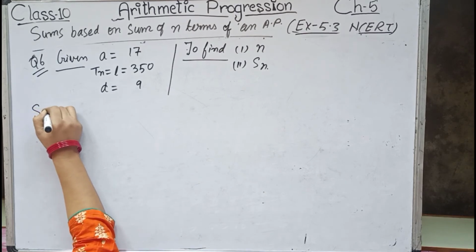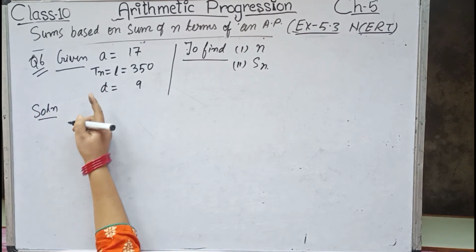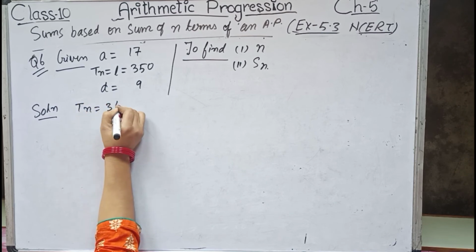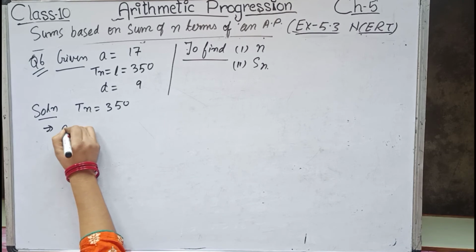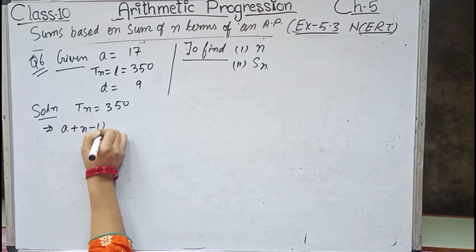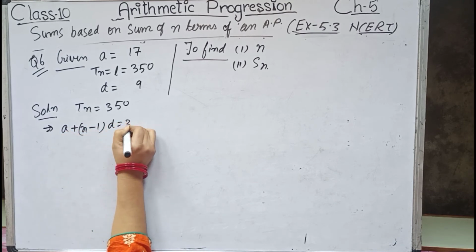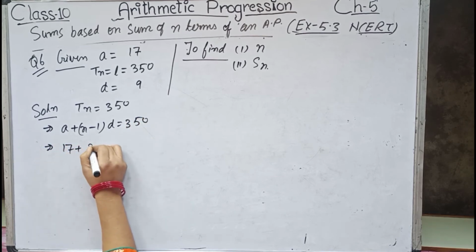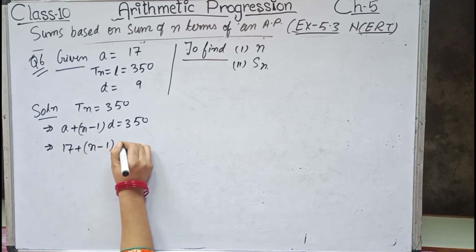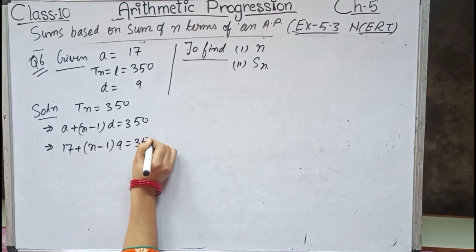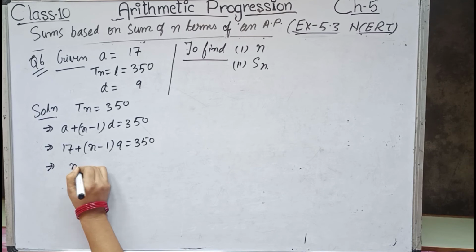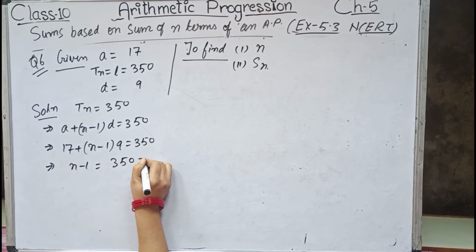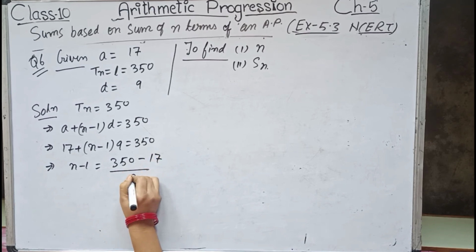Let us start the solution. With A I cannot start, with Tn I can start. So Tn equals 350 implies A plus n minus 1 into D equals 350. This implies 17 plus n minus 1 into 9 equals 350. This implies n minus 1 equals 350 minus 17 by 9.